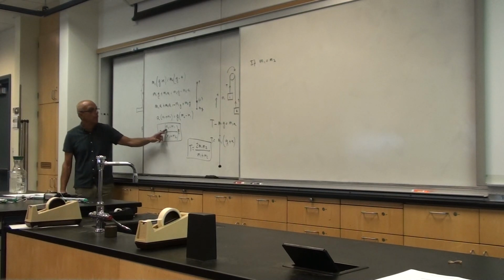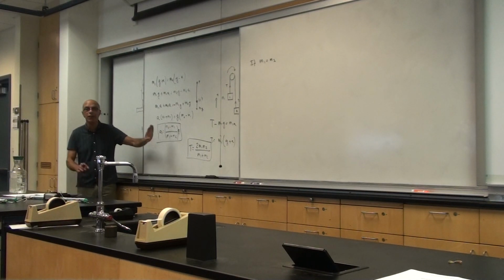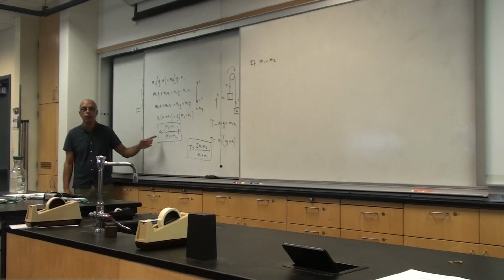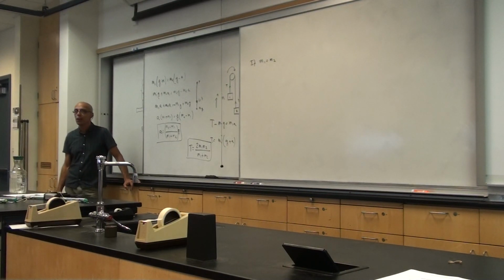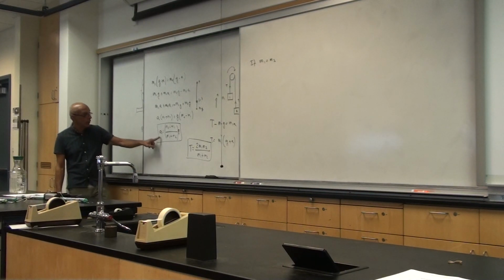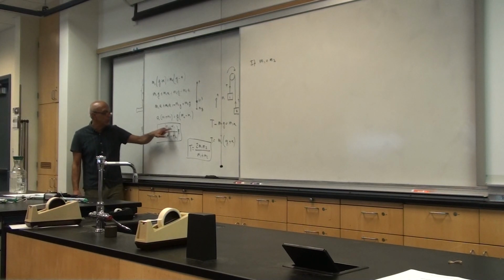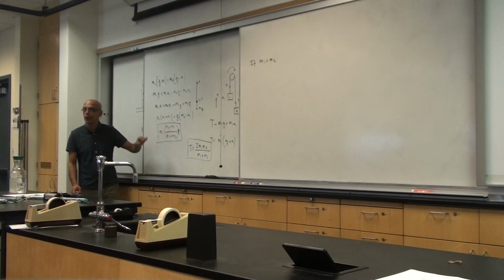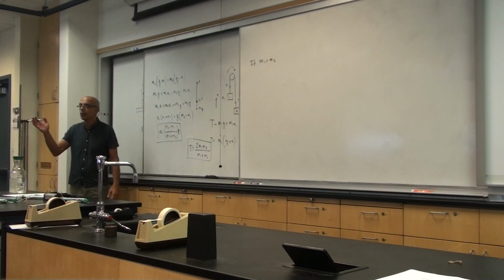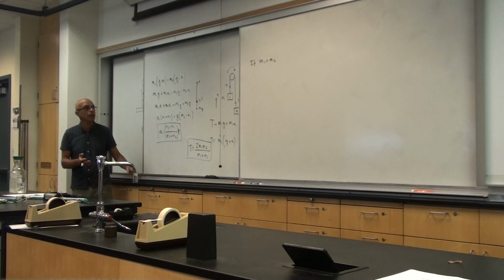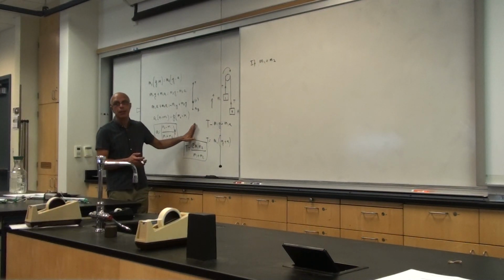If M2 is very large, so M1 is zero, what's going to happen if you plug in those values? If M2 is equal to M1, that's zero. What is it? Just gravity. Just gravity, right? And that makes sense, isn't it?